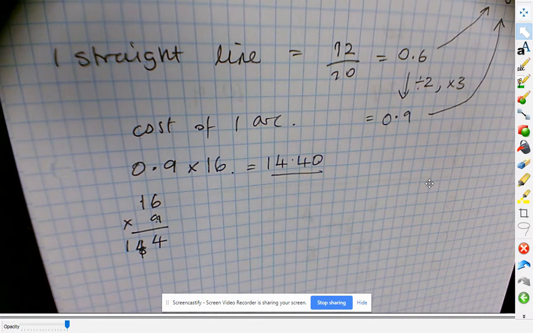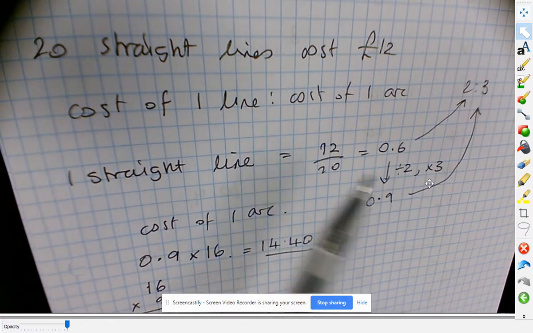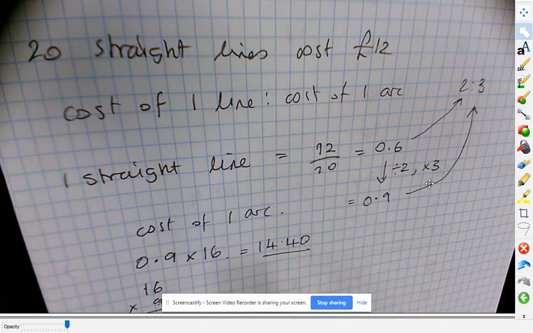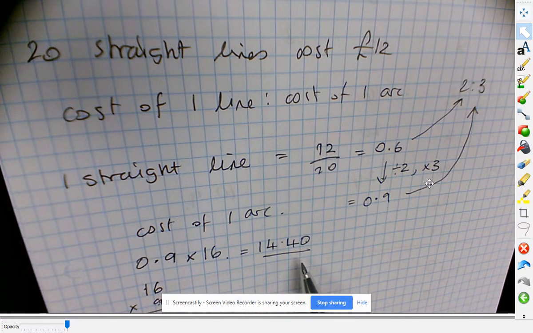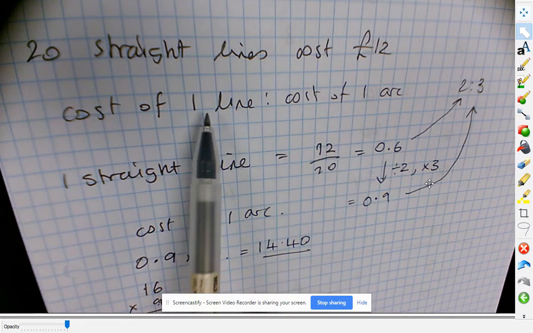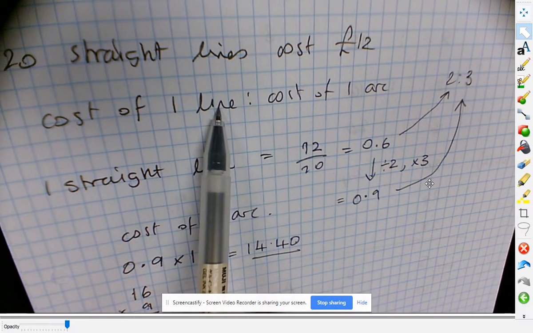Just check that this makes sense. 20 straight lines cost £12. I'm saying 16 arcs cost £14.40. Okay? That kind of makes sense to me because this arc is more expensive than this line.